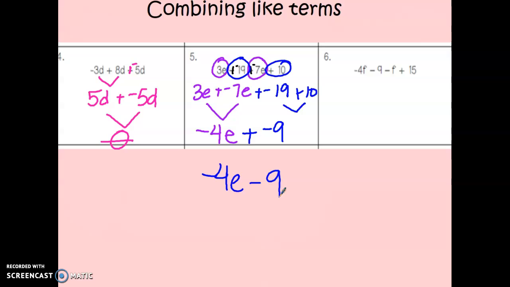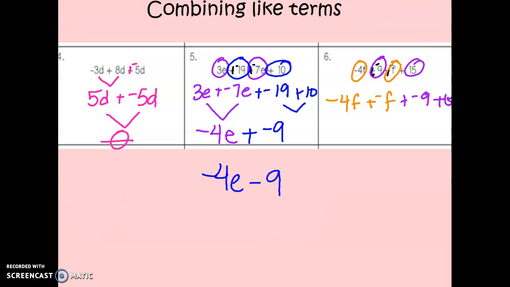Okay, and our last one, negative 4f minus 9 minus f plus 15. Okay, go ahead and change it. All right, let's identify. These are like terms: negative 4f and plus negative f. Okay, and then we've got negative 9 and positive 15.